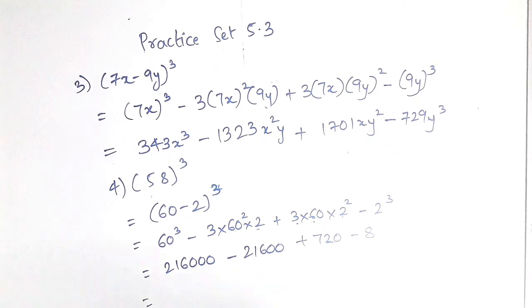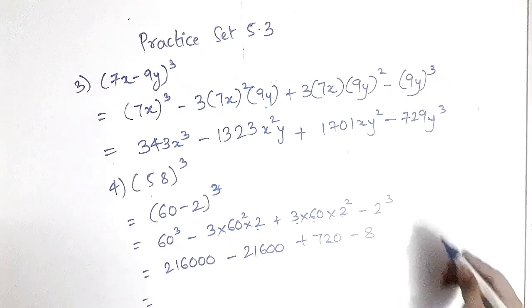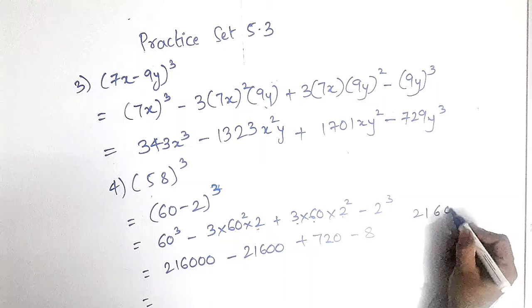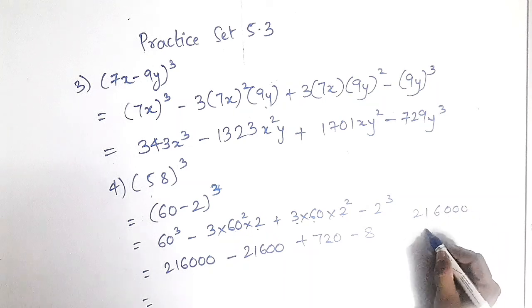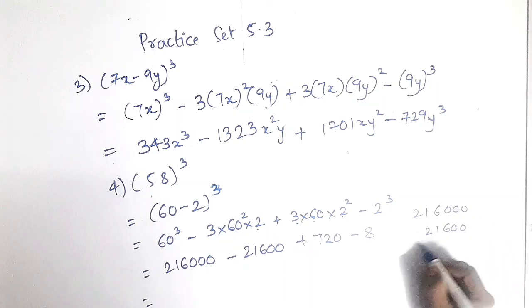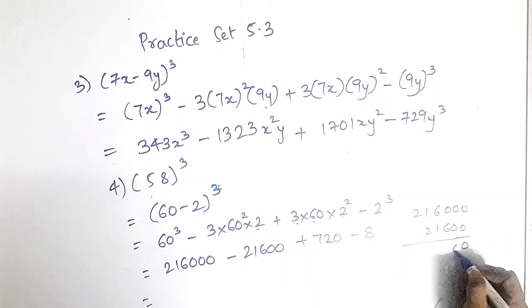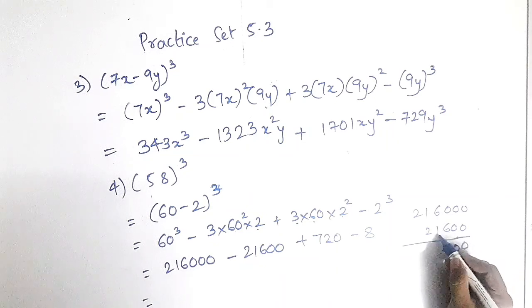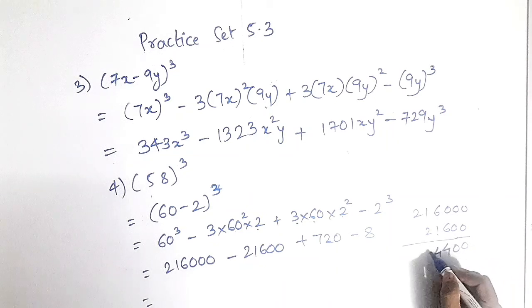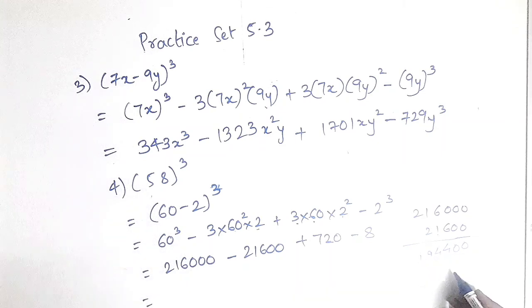Okay, so this is 2,16,000 minus 21,600. Okay, so how much is 2,16,000 minus 21,600? It is, let us see, 2,16,000 minus 21,600, which is 1,94,400.